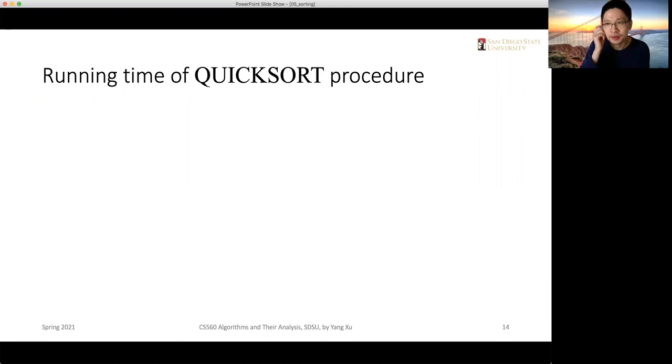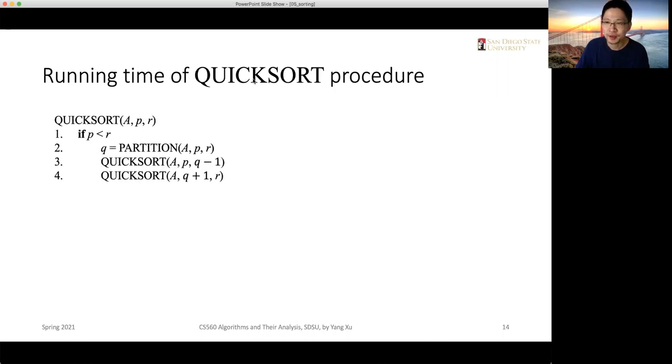We will see that it's a little bit different in using the recurrence equations to analyze quicksort. It's different from merge sort, because in merge sort we can clearly know the size of the subproblems, but this is not the case in quicksort.